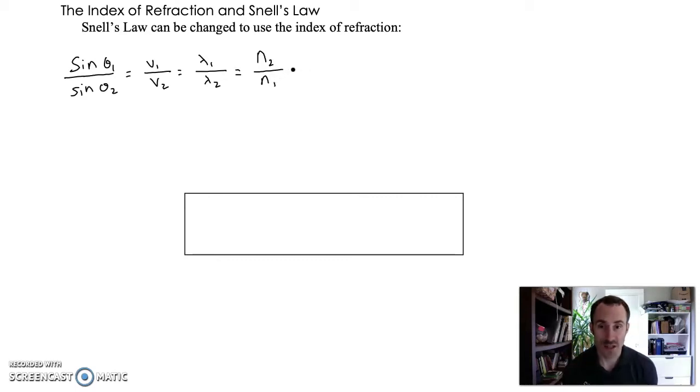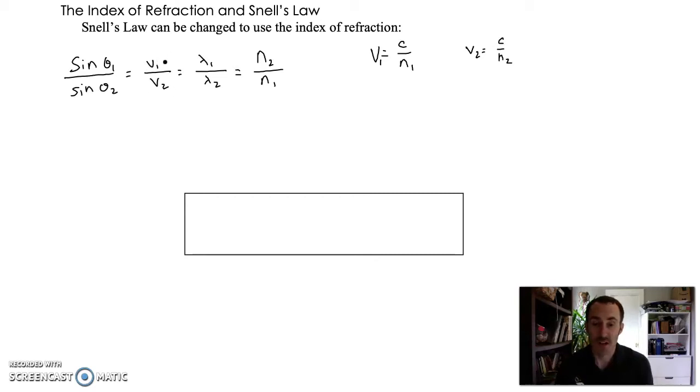And you'll notice that's because if we take our formula for velocity, v equals c over n, that was the rearranged version we just used in the previous example. This v1 is c over n1, and then v2 would be c over n2. So if we're looking at this part of the relationship over here, v1 is c over n1, v2 is c over n2.